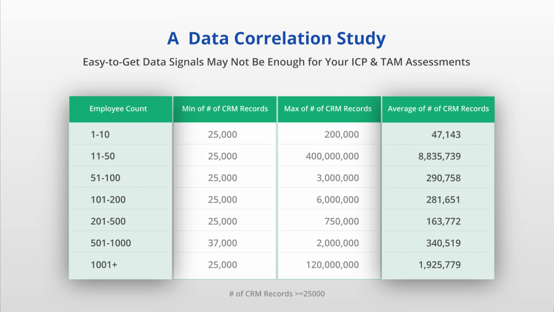So finding the right proxy signal to denote the size of the company is very critical to your business. Right, so in other words, you're leaving money on the table because you're using the wrong signal to identify and prioritize your accounts. It is not just leaving money on the table. Absolutely, that's a lot. But guess what?